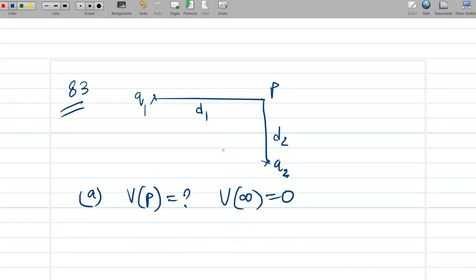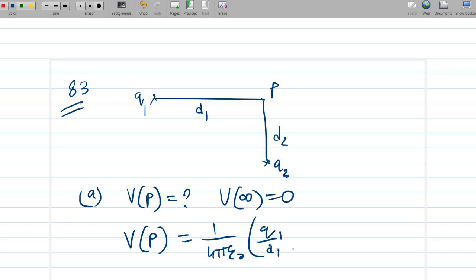It's pretty simple. So V at P is simply going to be 1 by 4 pi epsilon naught, and then you have Q1 divided by D1 plus Q2 divided by D2.